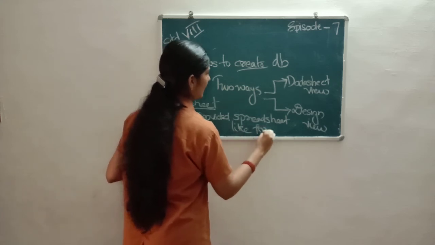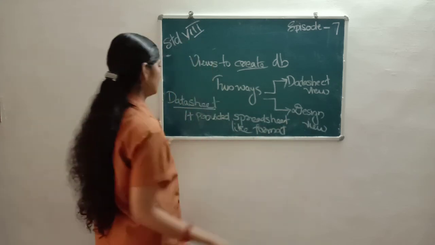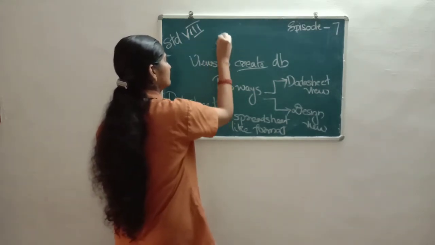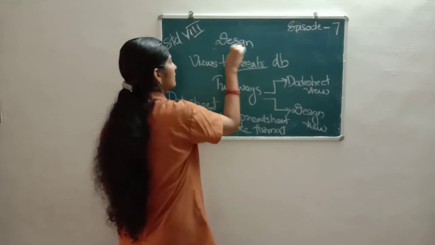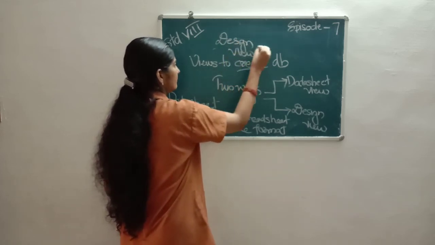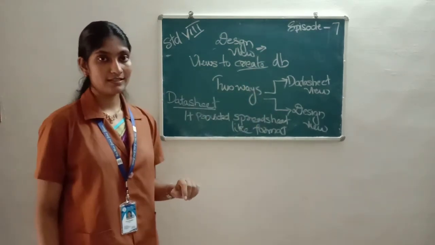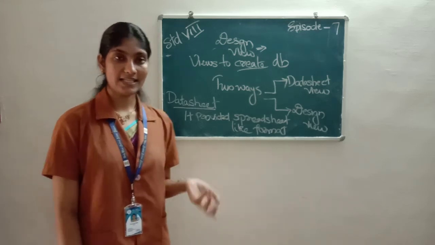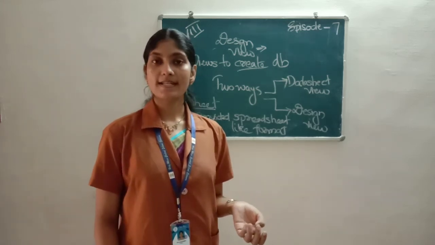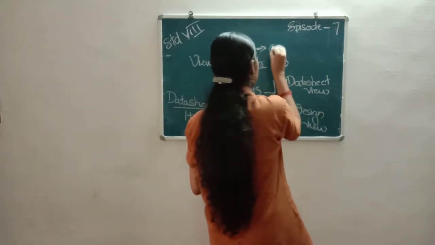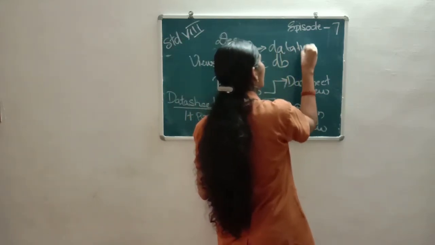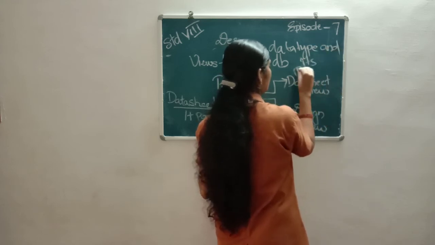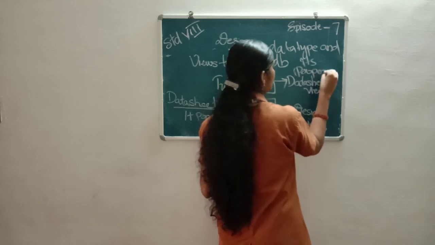And design view means it contains fields and specification. It contains the data type of the field and other properties can be specified.